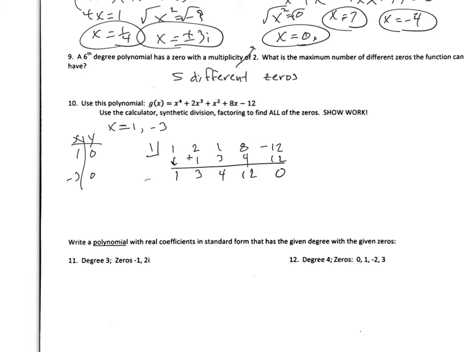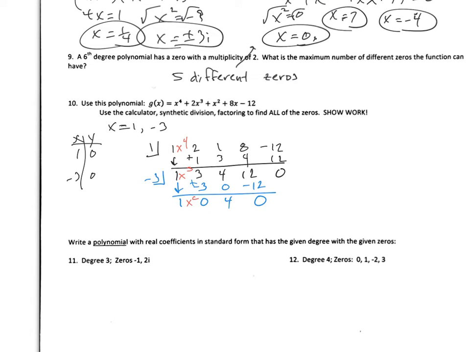Now we're going to use the negative 3. Bring the 1 down. Multiply, we get negative 3. We're adding in here. This is a 0. That's a 4. Negative 3 times 4 is negative 12. And so it does work. Putting the powers back on, this started as x to the 4th. And then we divided, so it became x to the 3rd, and so now we're at x squared.